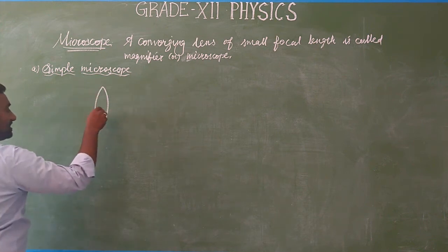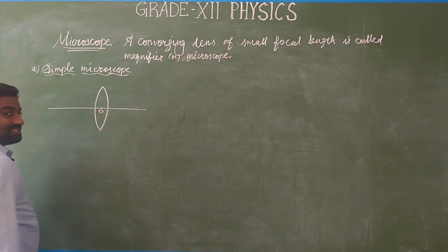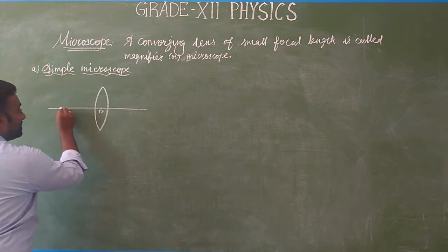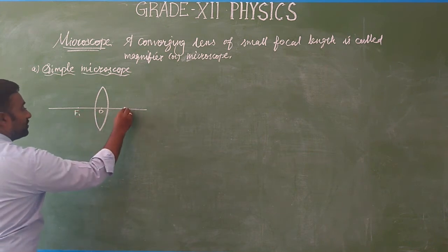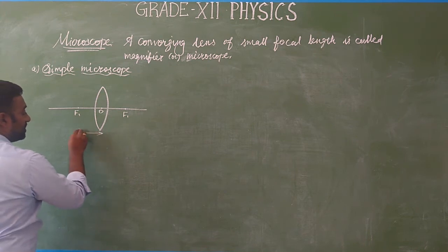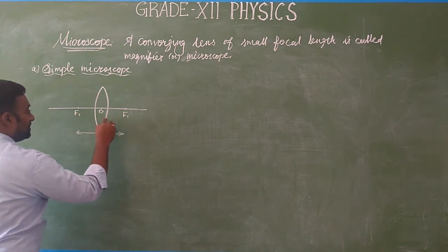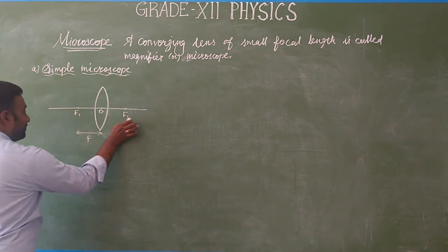It has two spherical surfaces on either side, and this is the optic center. An imaginary line passes through the optic center and center of curvature; the focus, and the distance between this focus and this optic center is called focal length.